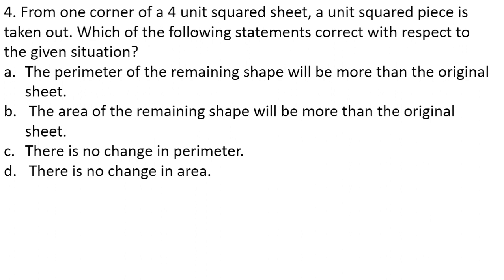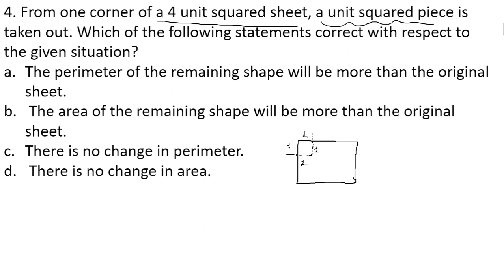From one corner of a 4 unit squared sheet, a unit squared sheet piece is taken out. It means that there is one square sheet. For example, let us consider this is that particular sheet, square shaped. Now from one corner of this sheet we are taking out a unit squared piece. What does it mean? We are eliminating this particular portion, which is of 1 unit.